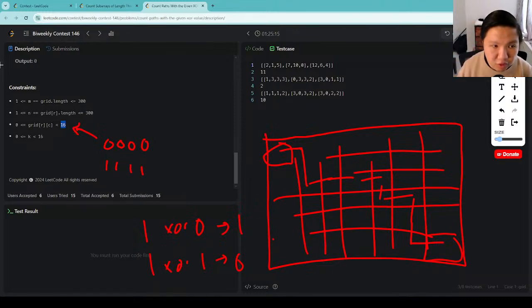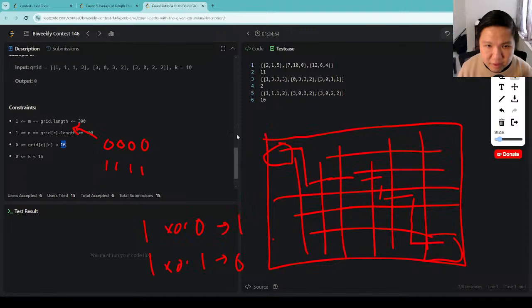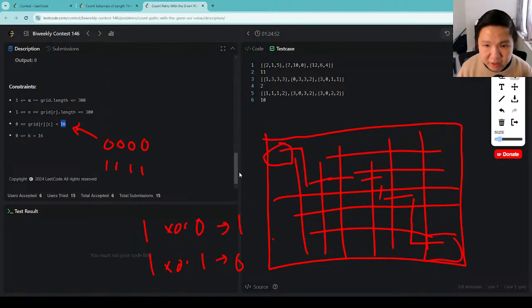And k is between 0 and less than 16. So k is also a small 4-bit number. So this is important because if this were a large number, like an 8-bit number, then the states that we keep track of become very many. Yeah, so this makes it a lot easier.